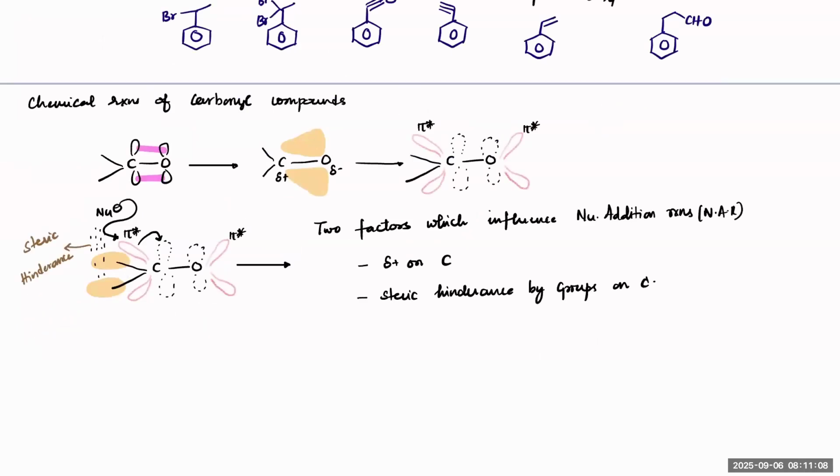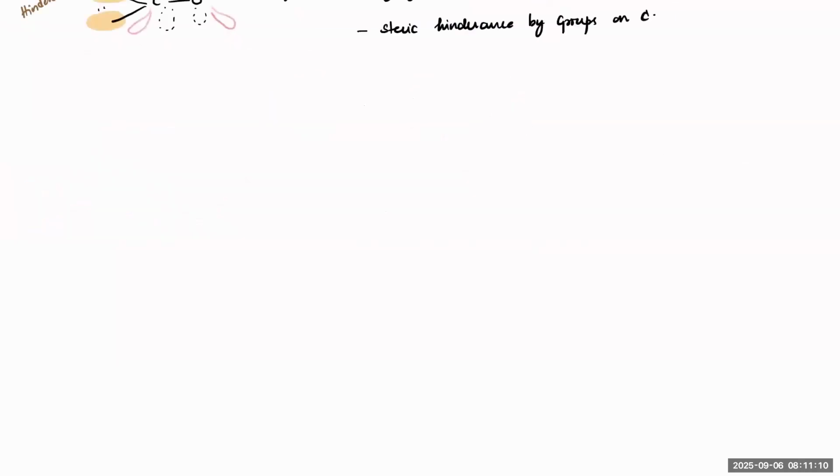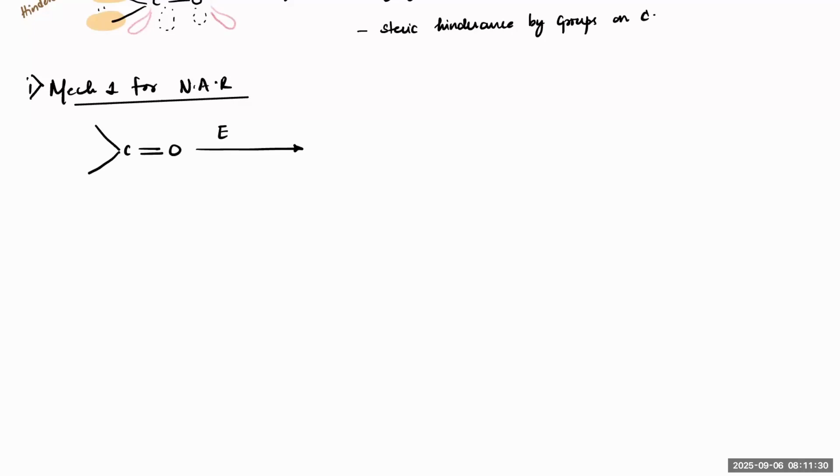And you see there are two types of mechanisms that will usually happen. First, mechanism 1 for NAR, that means nucleophilic addition reaction. Suppose you have C double bond O and an electrophile nucleophile combined together like this.